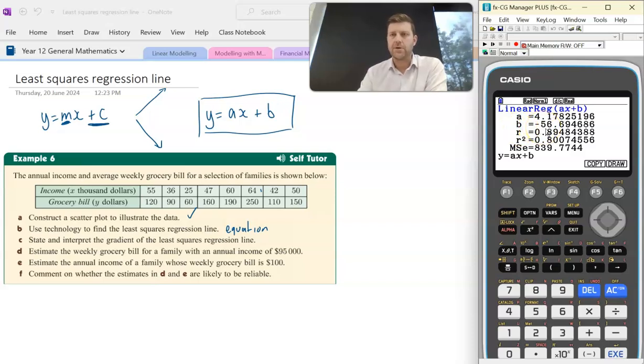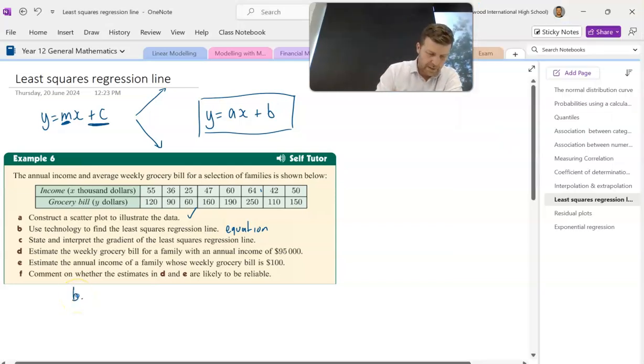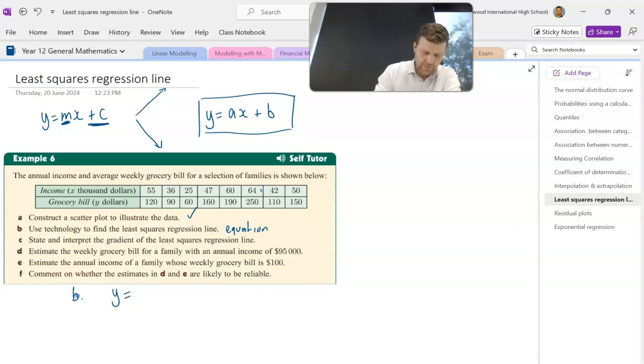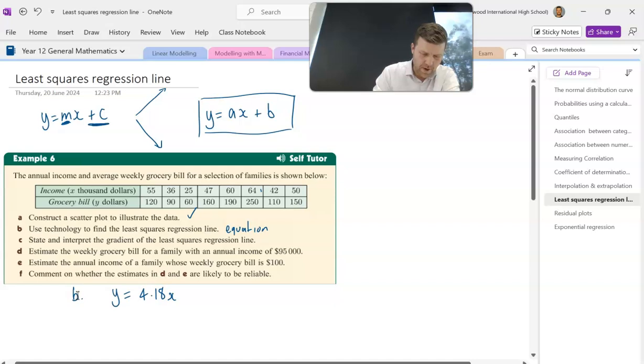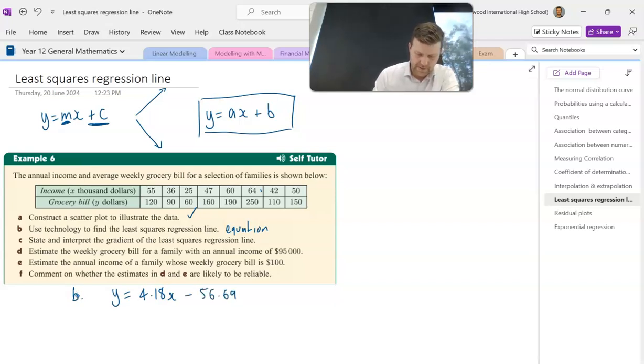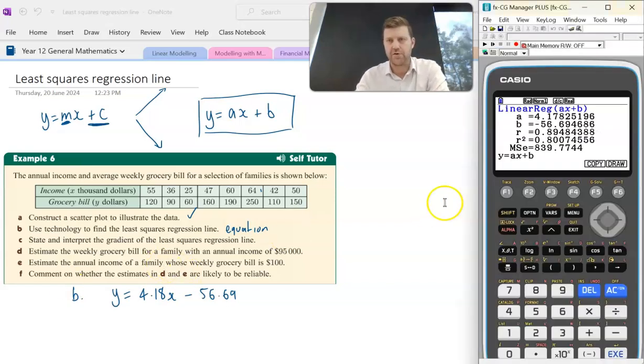So if I'm to rewrite that equation, it would be y equals approximately 4.18x minus 56.69. Again, just rounding the values of a and b there to 2 decimal places. So that's the equation of that least squares regression line, or that line of best fit.